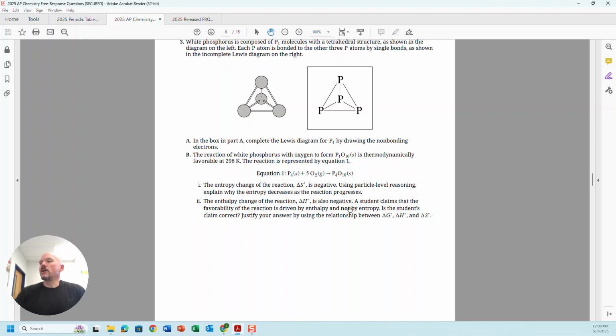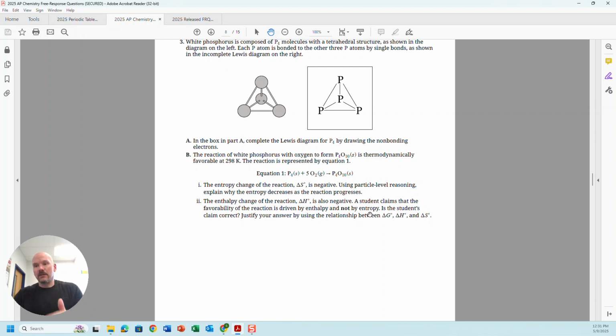So the student claims that the favorability of the reaction is driven by enthalpy and not by entropy. And we should know that going in. A negative delta H is favored in terms of enthalpy.